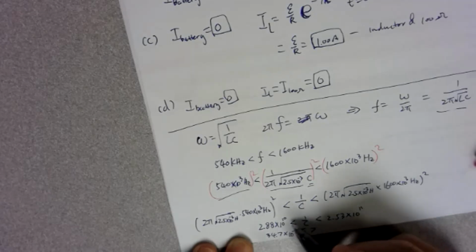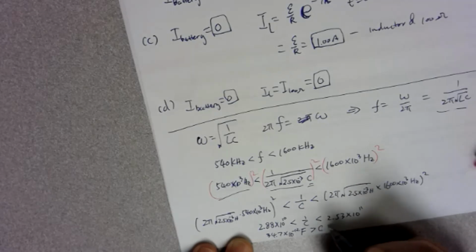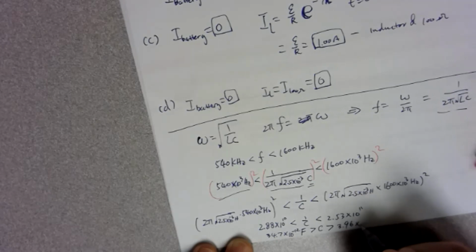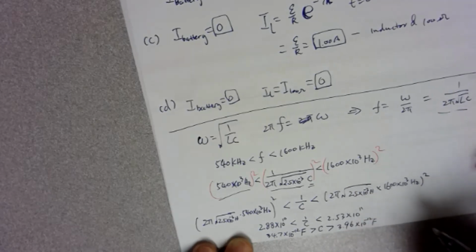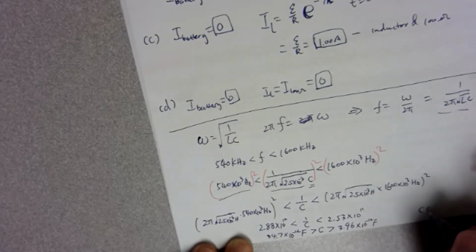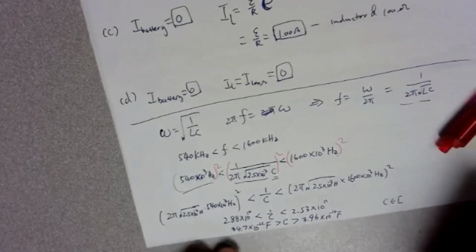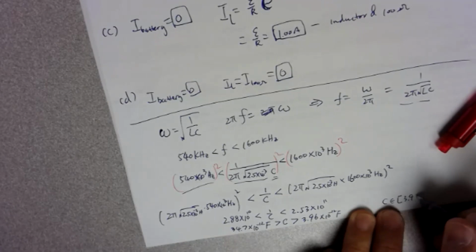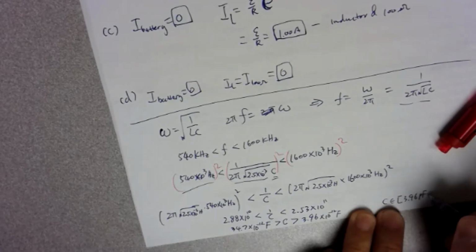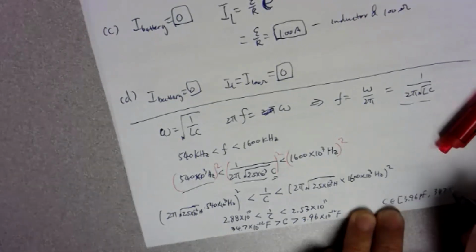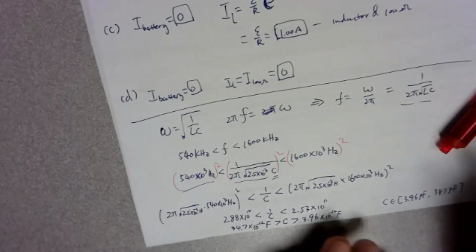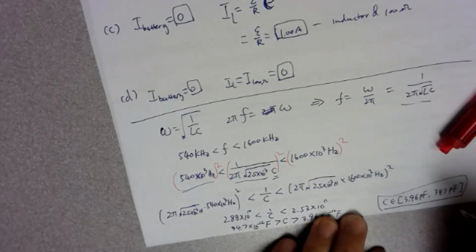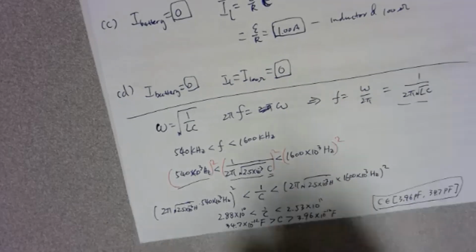The sign flips because you do the inverse. So C is less than 34.7 picofarad and greater than 3.96 times 10 to the minus 12 farad. Okay, so your C has a range of 3.96 picofarad to 34.7 picofarad. So that's what you would have.